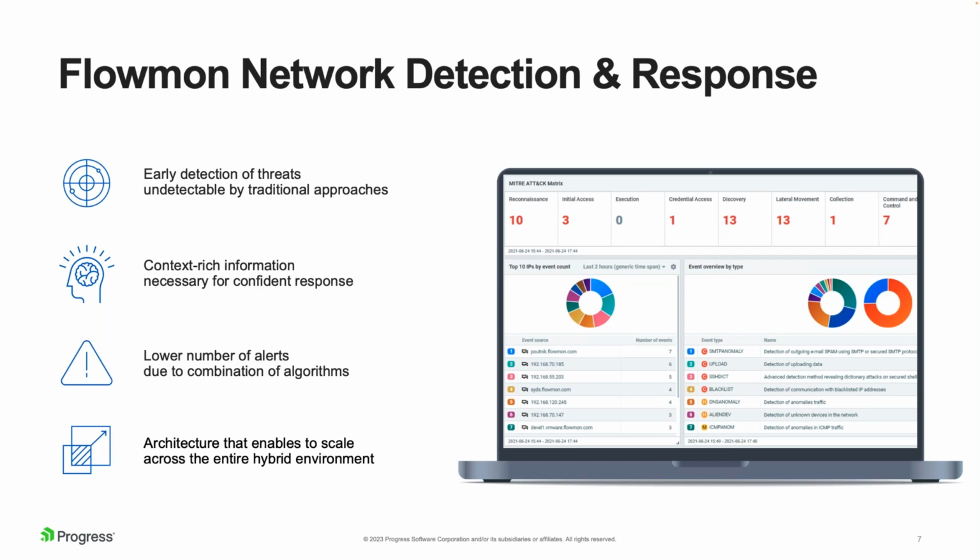Due to the incorporation of multiple methods, we also give you a lower number of alerts, because before showing something, we try to make sense of what it is and help you get noiseless insight and only the amount of information that you need for response. And our architecture enables scaling across the entire IT environment and delivers the same visibility and detection capabilities across your entire landscape.